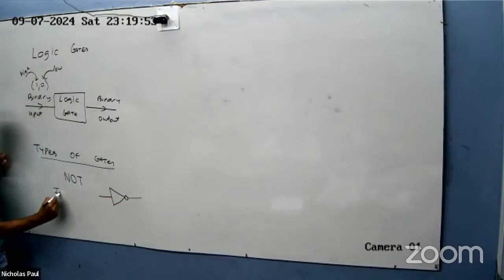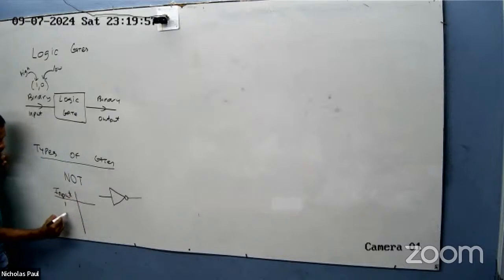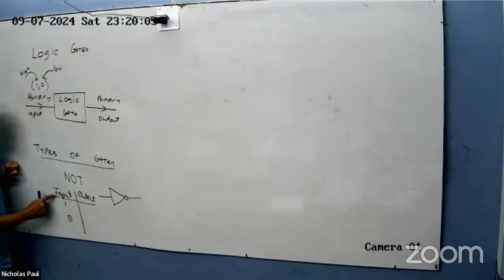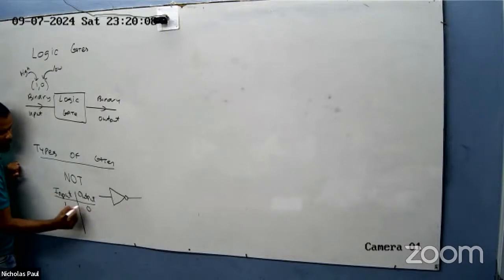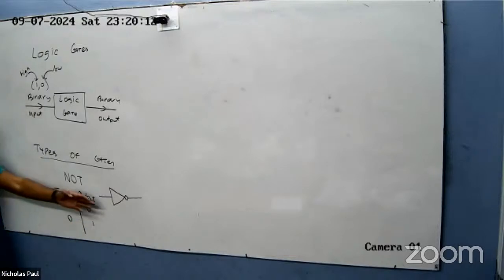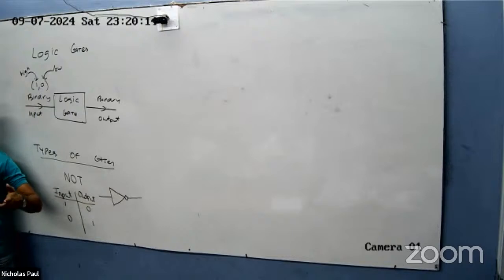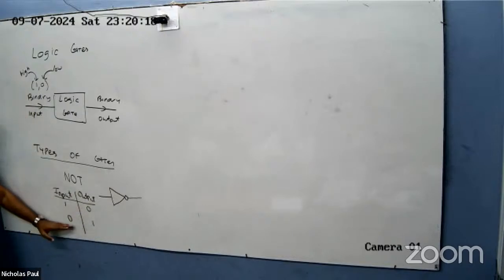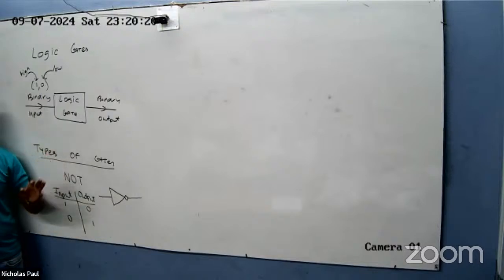So we need to learn when the input is 1 and 0, what the output will be. Right? When the input is 1, the output is 0. When the input is 0, the output is 1. This gate basically flips the input. So if the input is high, it gives you a low output. If the input is low, it gives you a high output. That's it. Okay? That's the first gate.